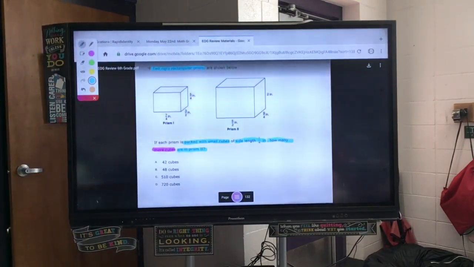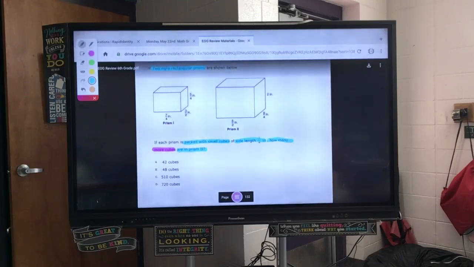So what do you think our process is going to be to solve this problem? What's the very first thing we have to do? Aiden. So you can find the volume of the prisms. Do we know the volume of that small cube? We do?